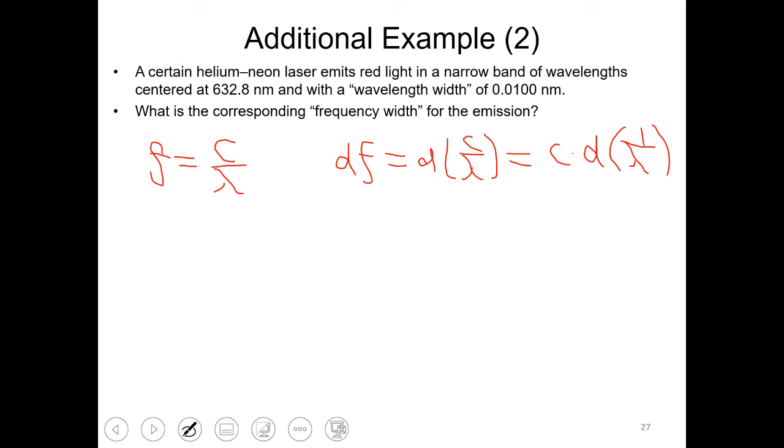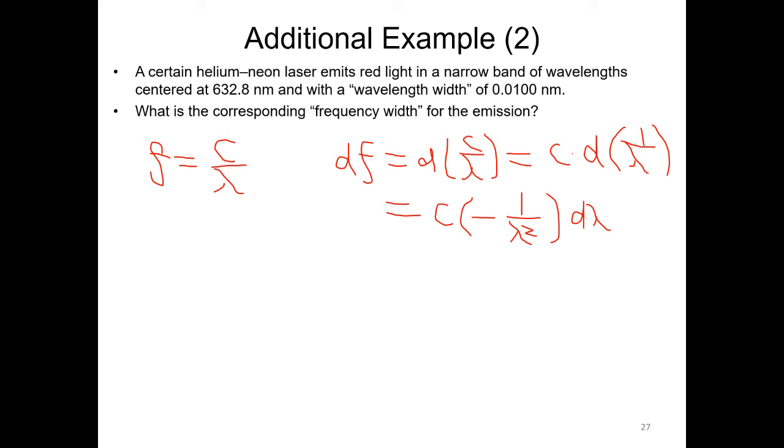This is lambda to the -1 order, so it should be -1 over lambda squared, and then d lambda. This is the chain rule. So we may write it as minus c over lambda squared d lambda.